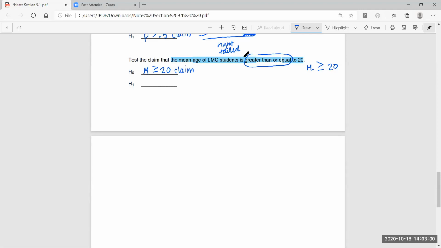This one is greater than or equal to. If it's not greater than and not equal to, we would have less than. And again, you can change this to an equal. That's fine. What's going to be important is this symbol for our critical region moving forward. The less than values, significantly less than 20, would be over here. This is a left-tailed test.